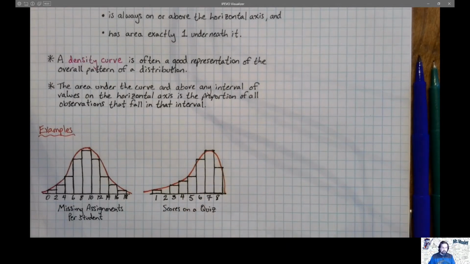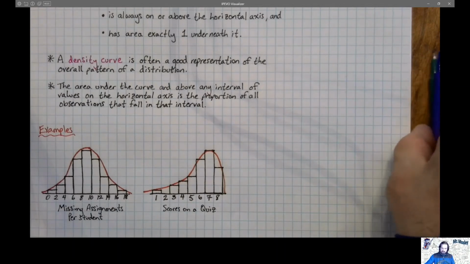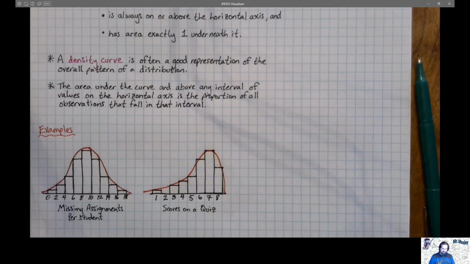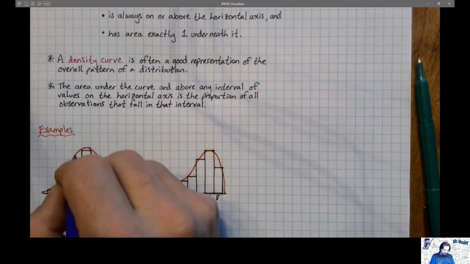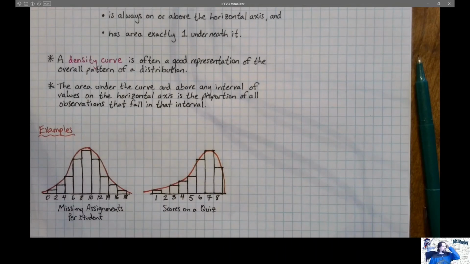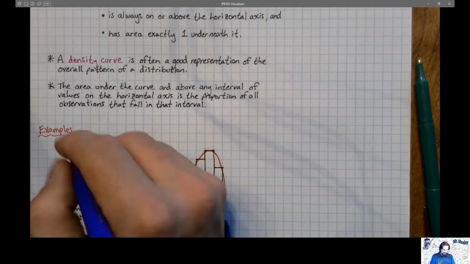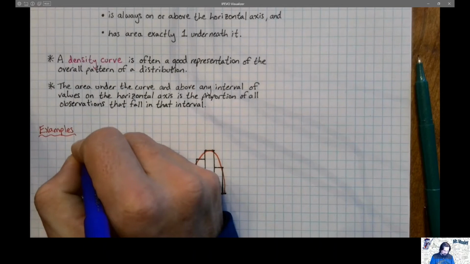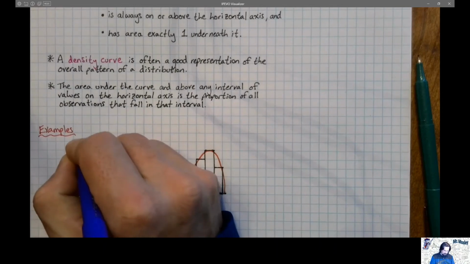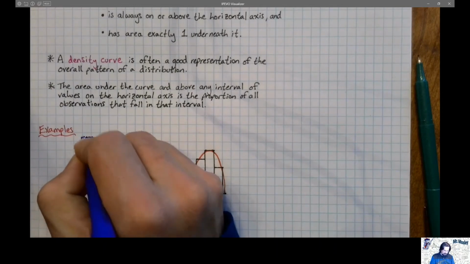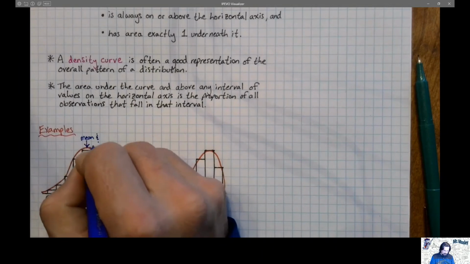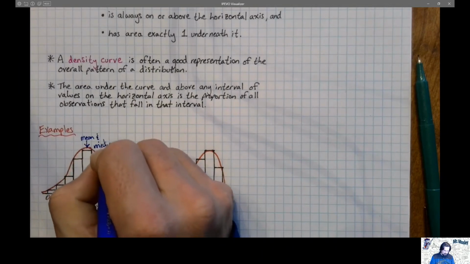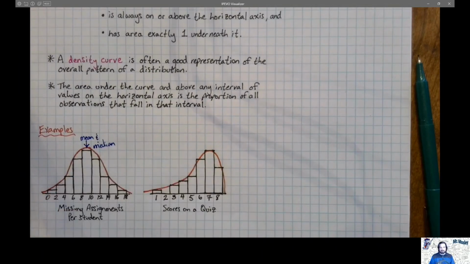Something useful to know about density curves is that in a symmetric density curve, such as the one here on the left, the mean and median will both be in the same place. They'll be in the middle. We'll have the mean and median right in the same location.